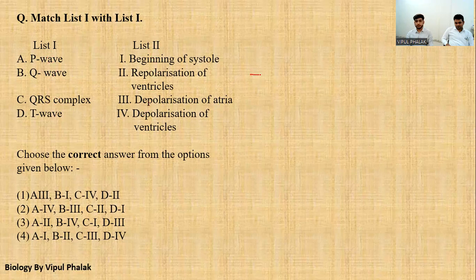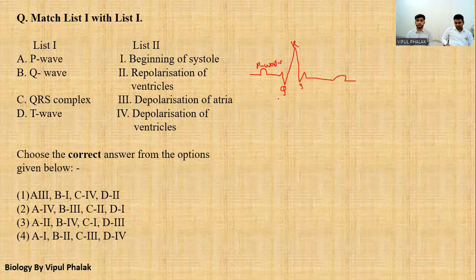ECG graph is like this. This is the P wave. This is Q, R, S, and this complex is called the QRS complex. And here is the P wave.